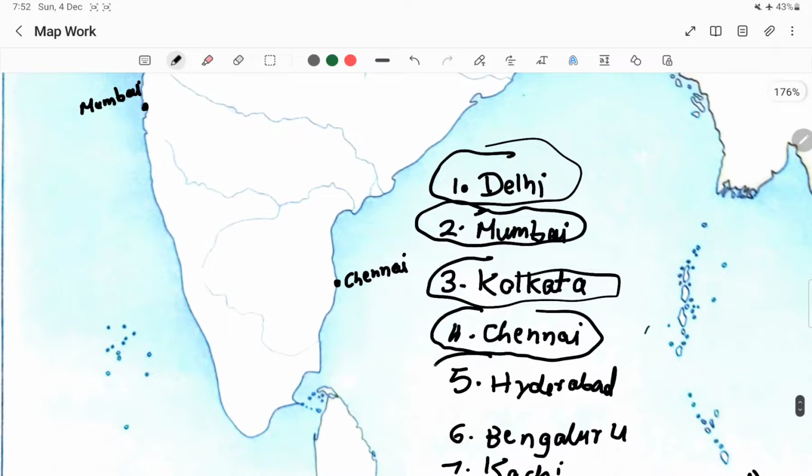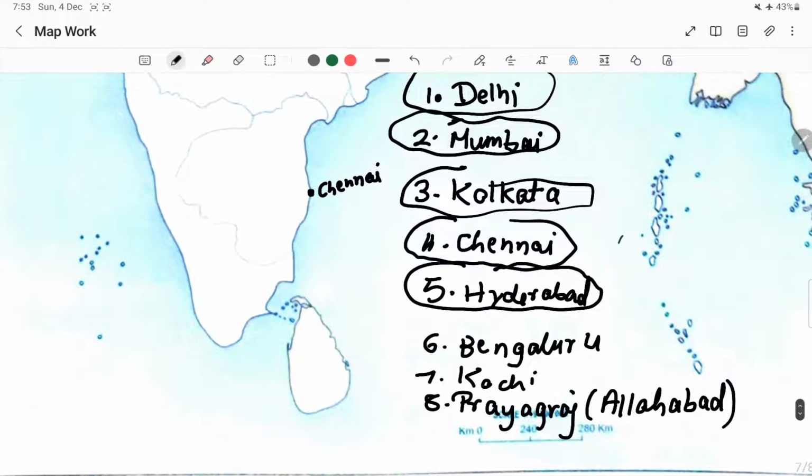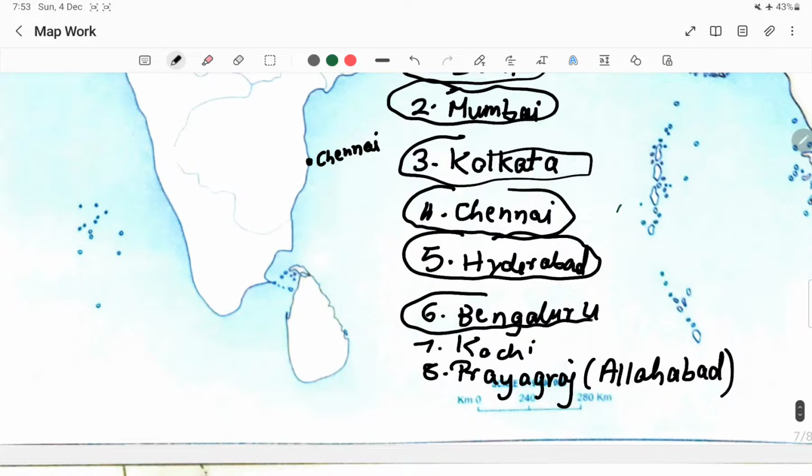Next is number 5, that is Hyderabad. Hyderabad will be over here. After that comes Bangalore. Bangalore will be just above the Kaveri river, that is over here. Now the 7th one, that is Kochi, which is in Kerala.